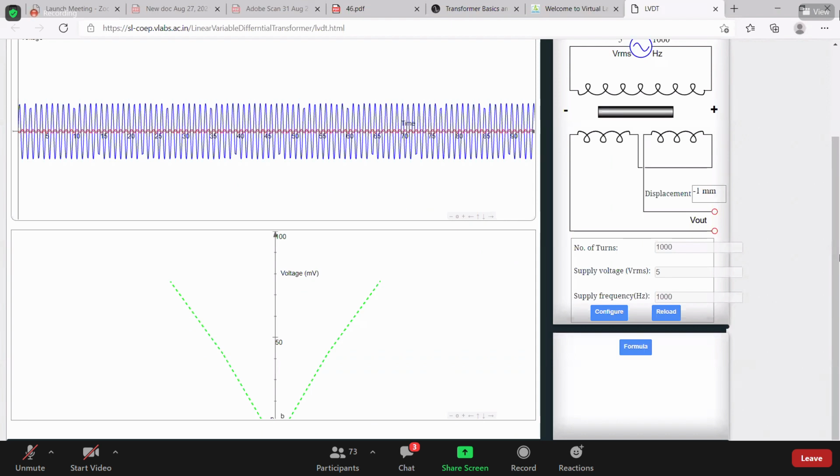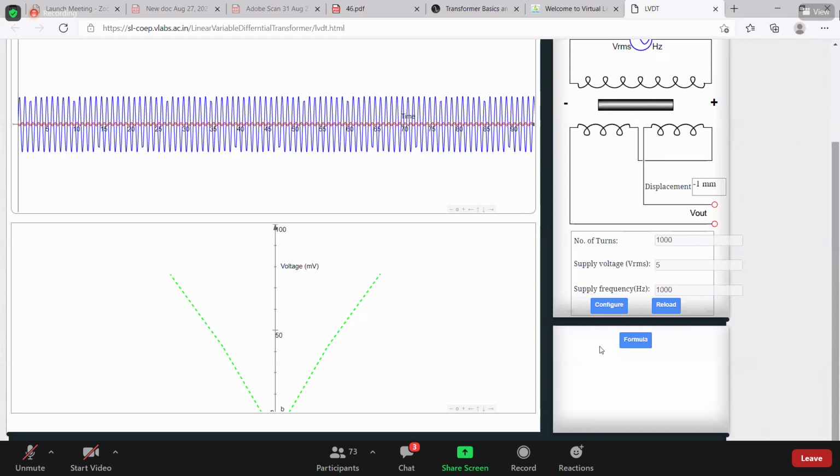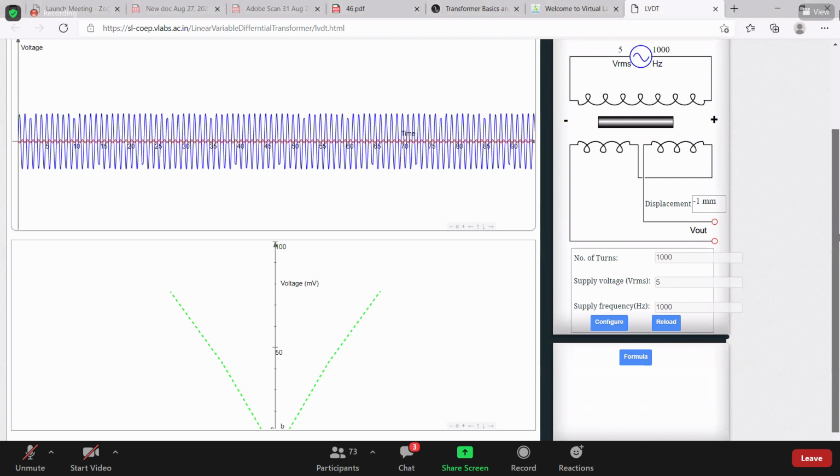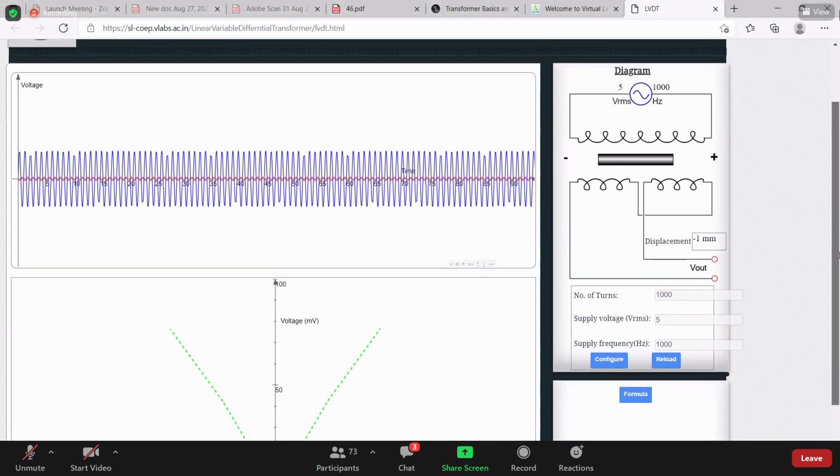I am switching off my mic for 1 minute. You keep on sharing your screen, and I will ask questions. What do you know about the LVDT device?